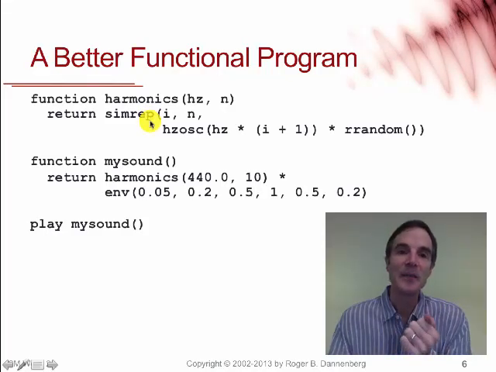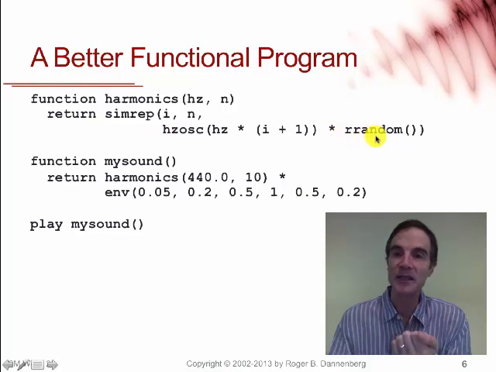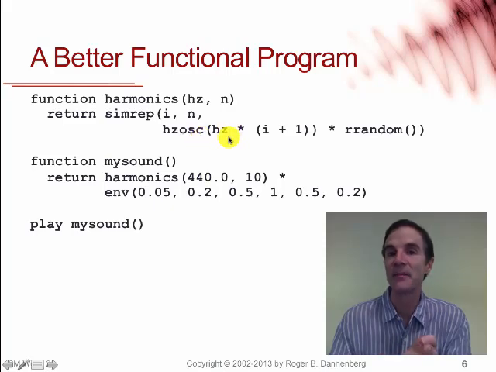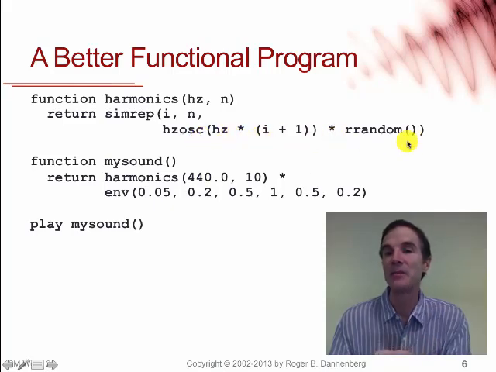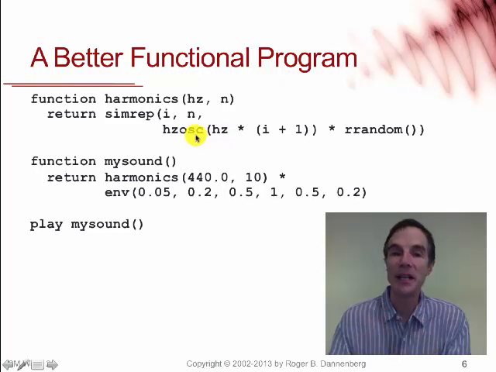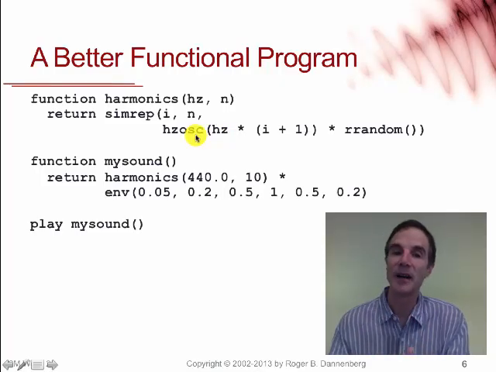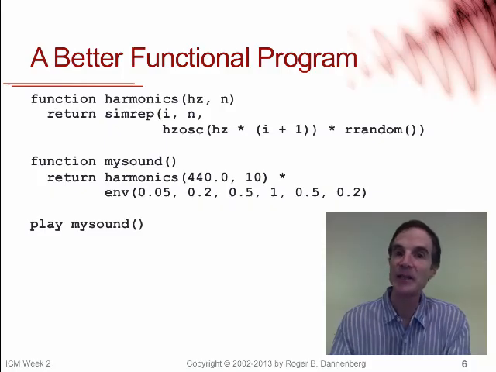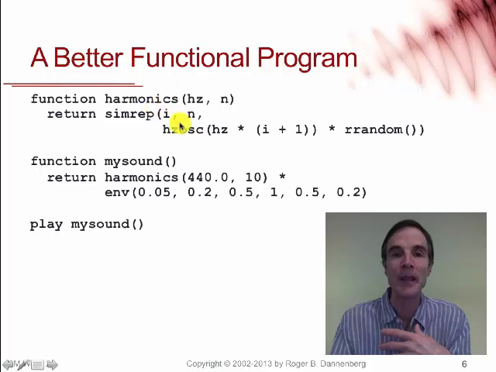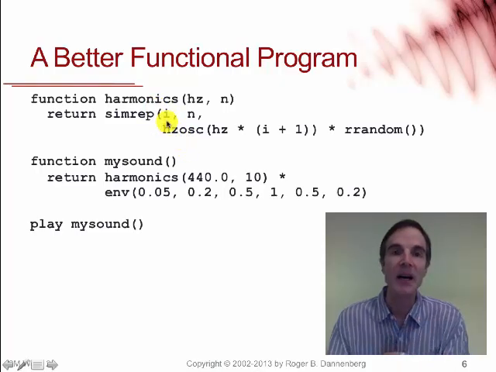What it does is it computes a number of instances of an expression, like this Hertz OSC times random. It computes many instances of that, all at the same time. It forms their sum and returns it. So that's exactly what we're trying to do here, is sum up a bunch of harmonics.